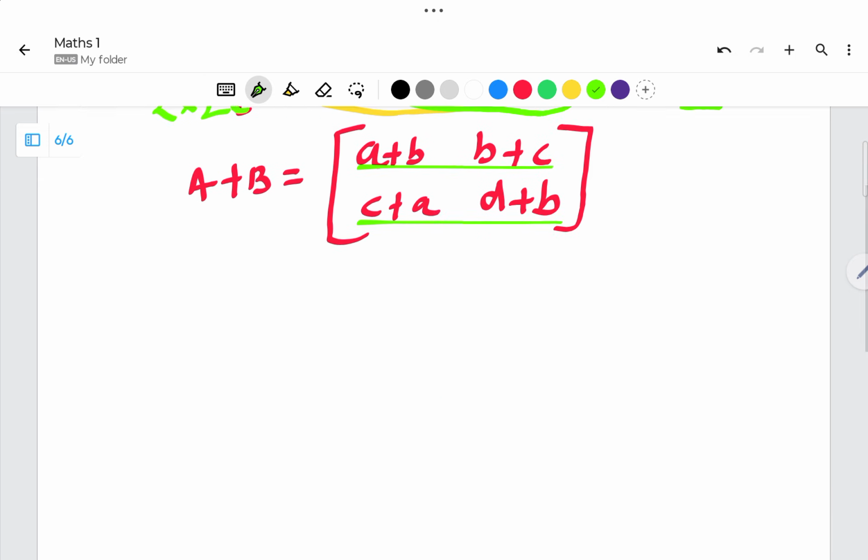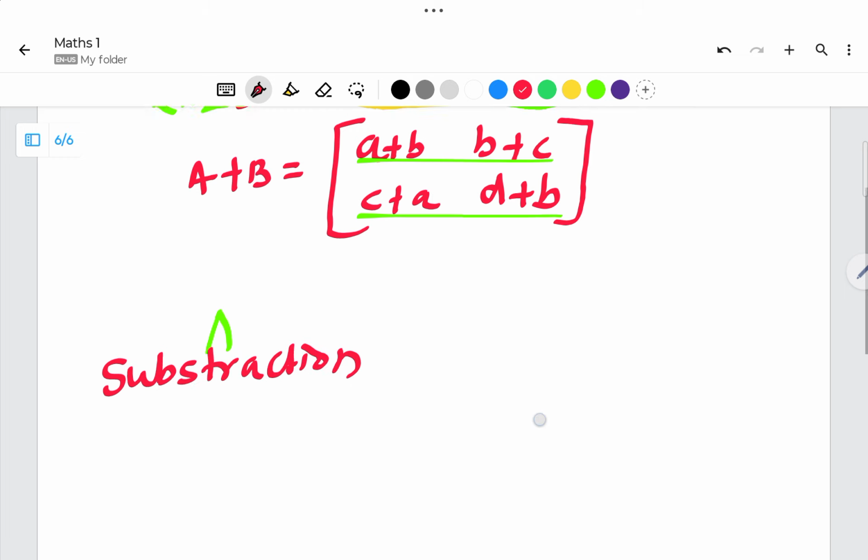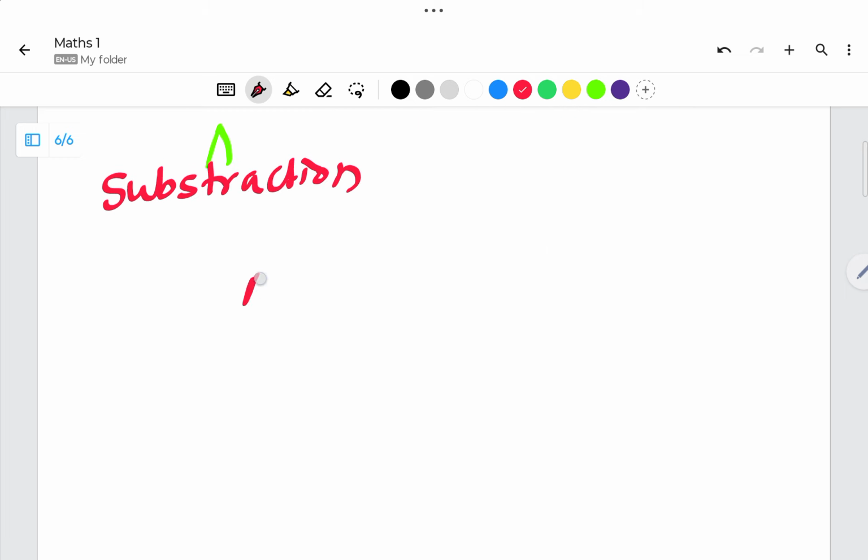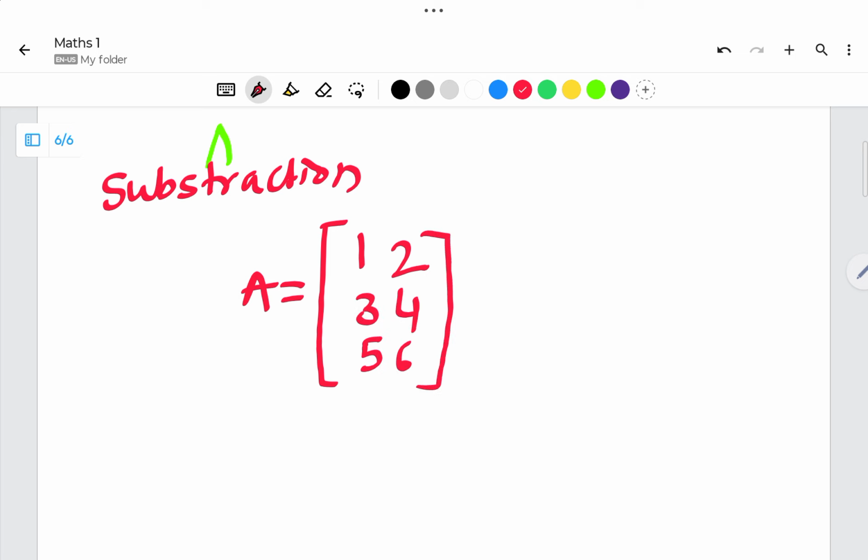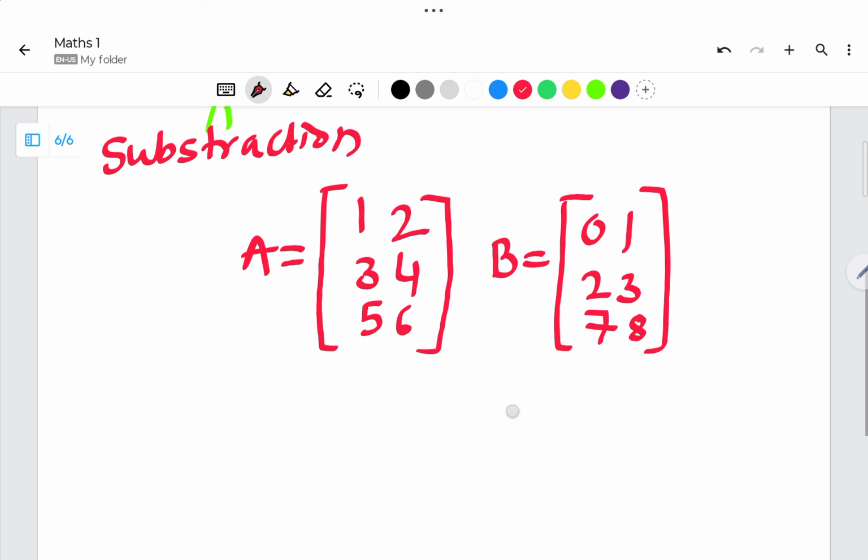Now subtraction. Let me take an example for subtraction. Consider A is equal to 1, 2, 3, 4, 5, 6. B is equal to 0, 1, 2, 3, 7, 8. So how can I subtract?